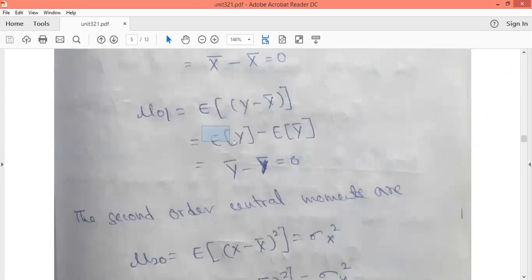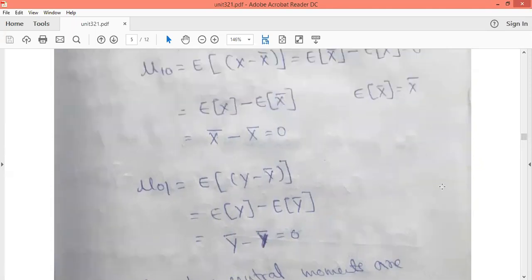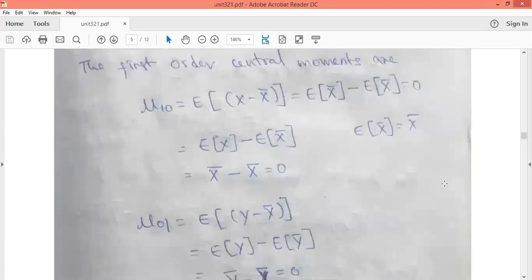The expected value of y is nothing but y bar, minus the expected value of y bar. Y bar is a constant, and the expected value of a constant is equal to the constant only. So we get y bar here. So what is the value here? It is equal to 0. So from this we know that the first order central moment will be 0.